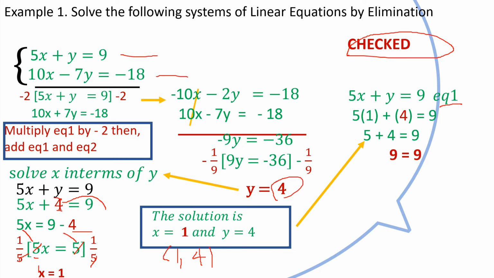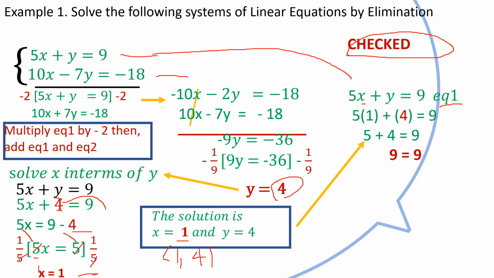Then, kinopya ko ang equation number 1. We have 5x plus y is equals to 9. Then, we have 5 multiplied by the value of your x. Yung x po natin dito, yung 1 na nakuha natin. Kaya ipinalit natin sa x natin. Then, yung y po natin, which is equals to 4.